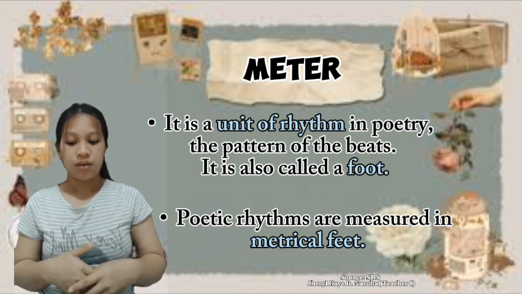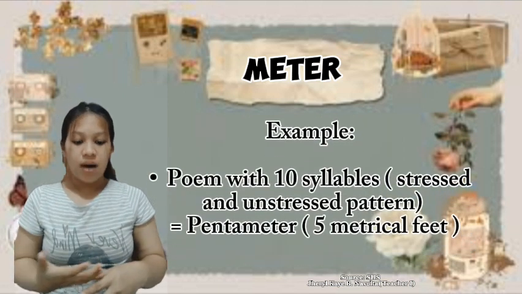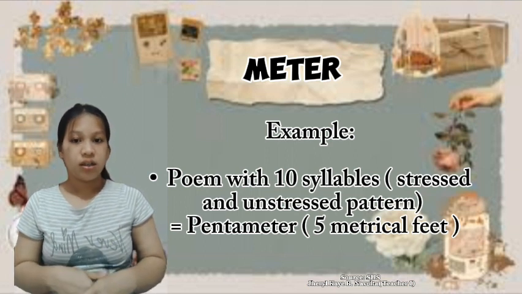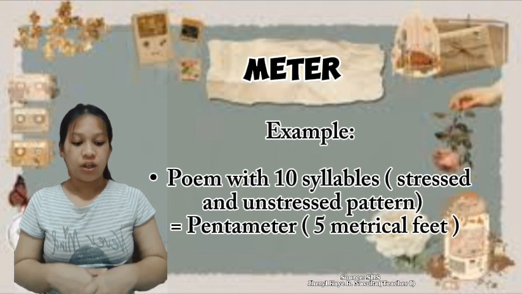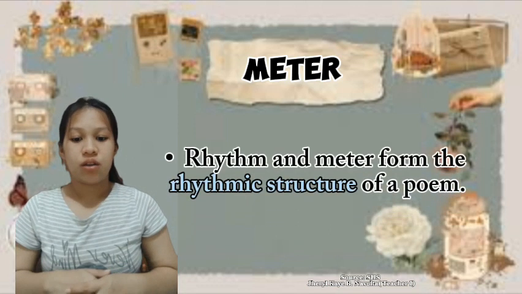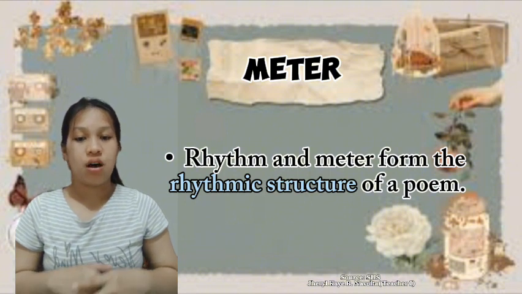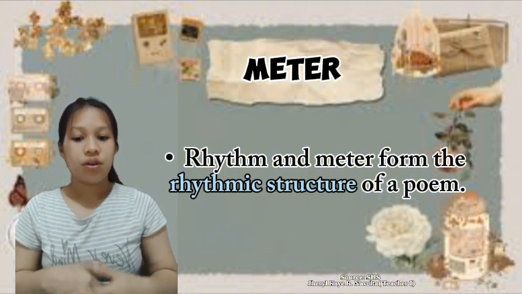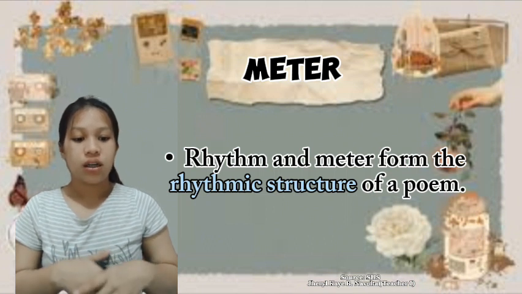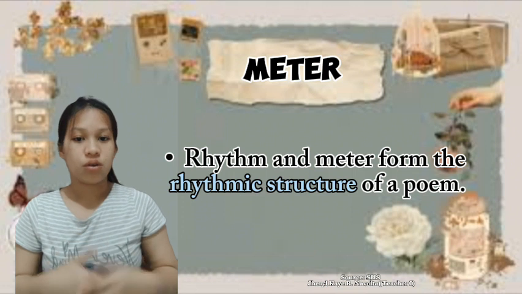So, for example, if a line of a poem has 10 syllables with a stressed and unstressed pattern, then the meter is pentameter, or 5 metrical feet. Rhythm and meter form the rhythmic structure of a poem. Examples of these are iambic pentameter, trochaic tetrameter, and so on.